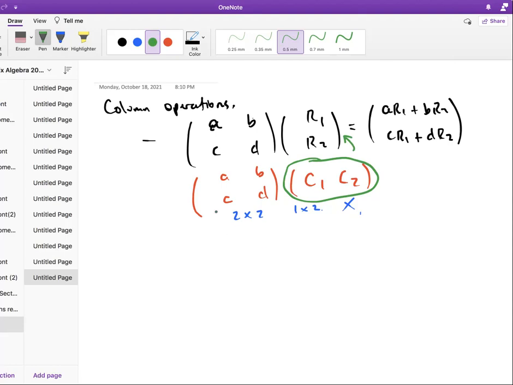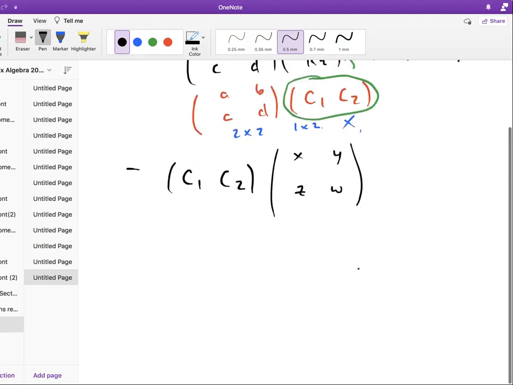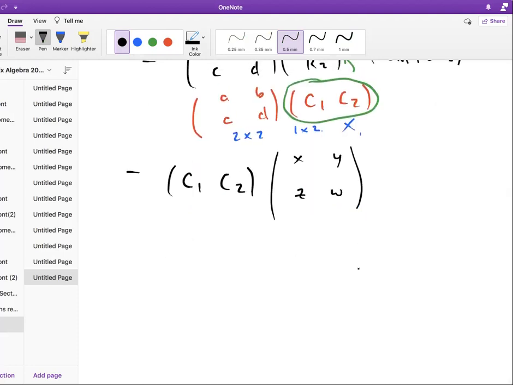Yes, if the first matrix, if this one was 2 by 1. So this is okay. That's okay. So it turns out that column operations are thought about as multiplying on the right.